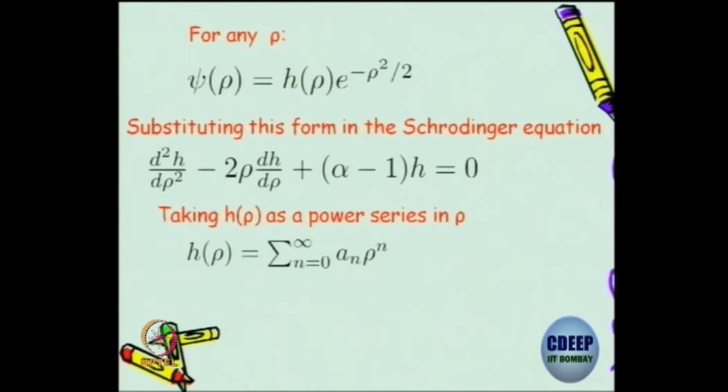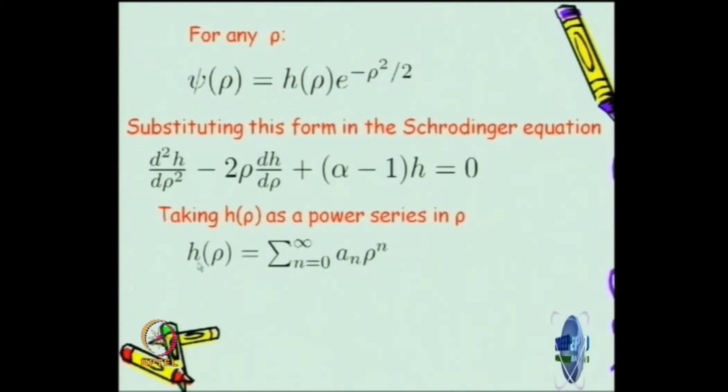You had an exponential factor here. You would like to put this to be some kind of a polynomial function. In principle, it could be an infinite series. Call it some Laurent series if you want. This is the most general h of rho I can think of taking in a polynomial form.